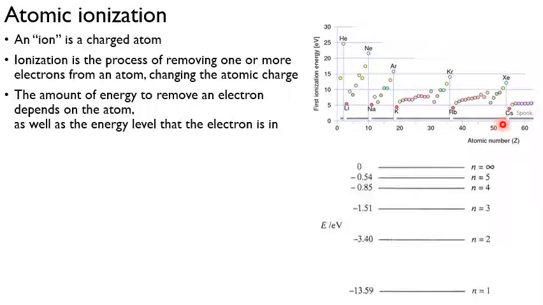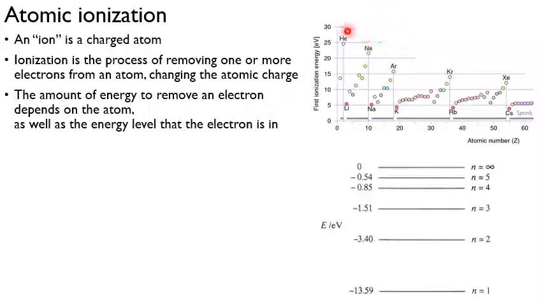Or you can think of it as the number of electrons in a neutral atom of that particular element. And what's interesting here is you see a kind of sawtooth pattern, right? The ionization energy goes up and then chops down and then up and chops down and up. And you may notice that the peaks are the noble gases.